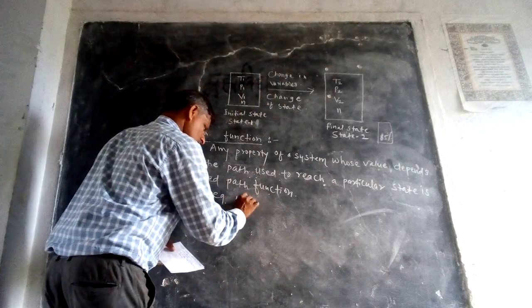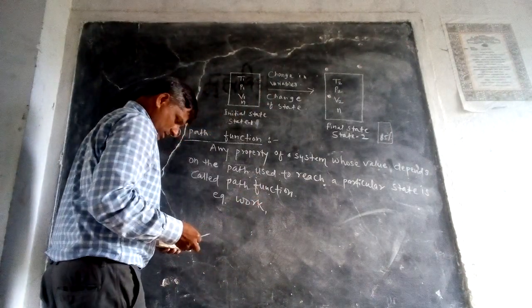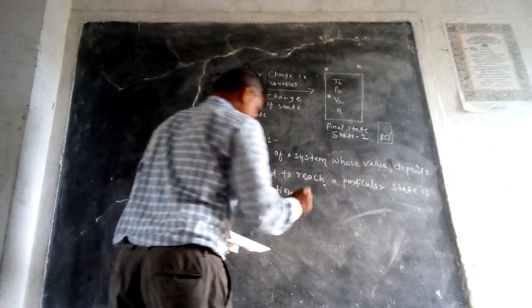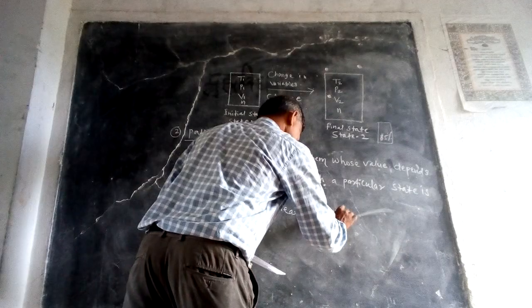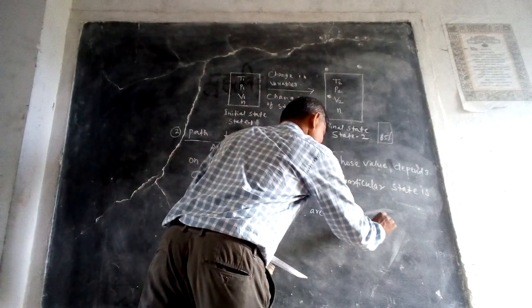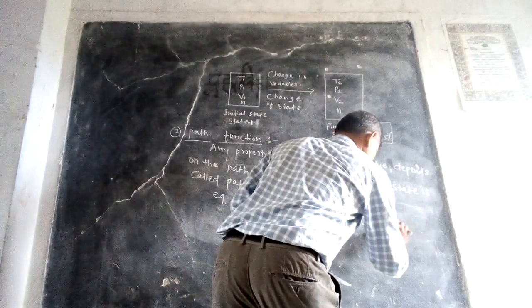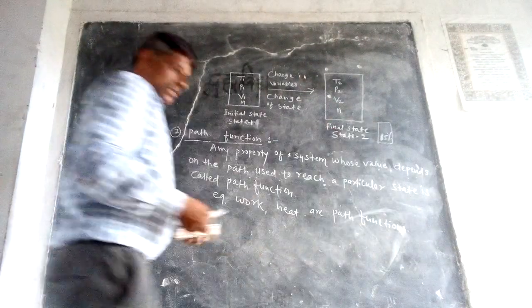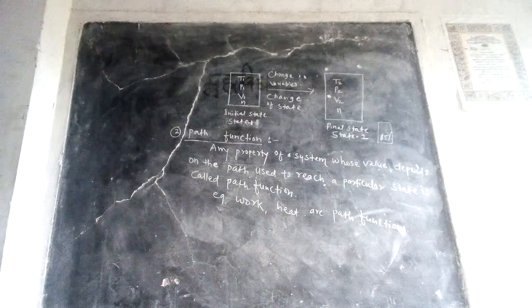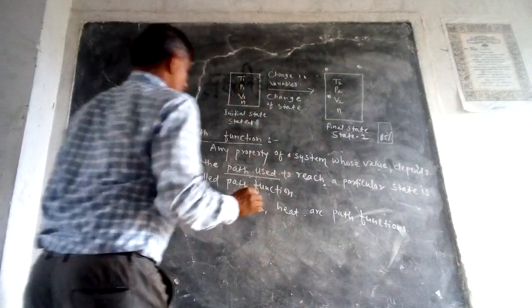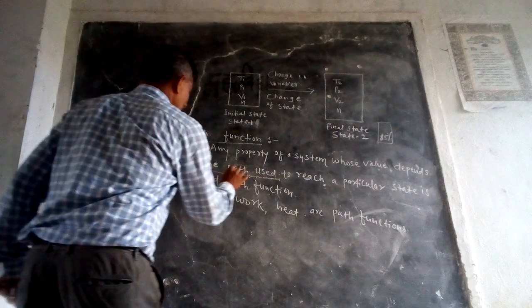Examples are work and heat, which are path functions. See, in this property, the important word is path.